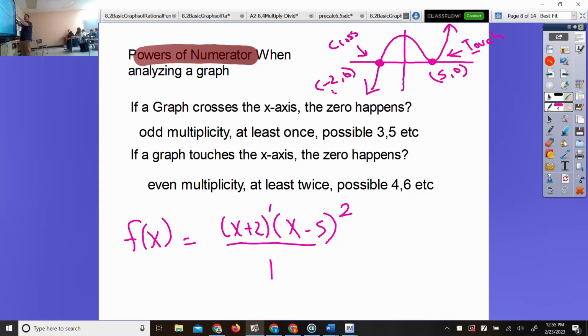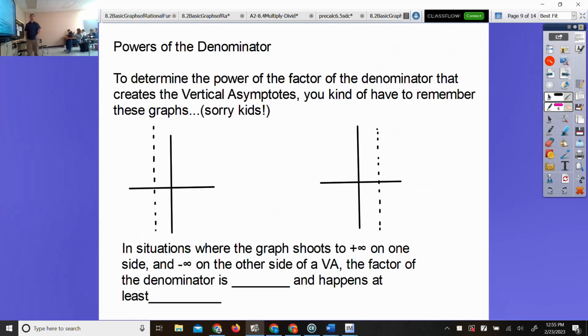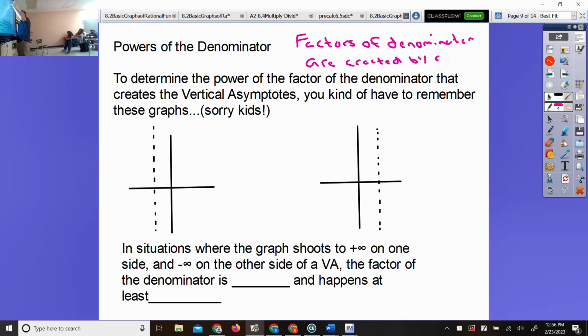New stuff. Powers of the denominator. These notes don't explicitly say it, but the factors of the denominator are created by asymptotes.